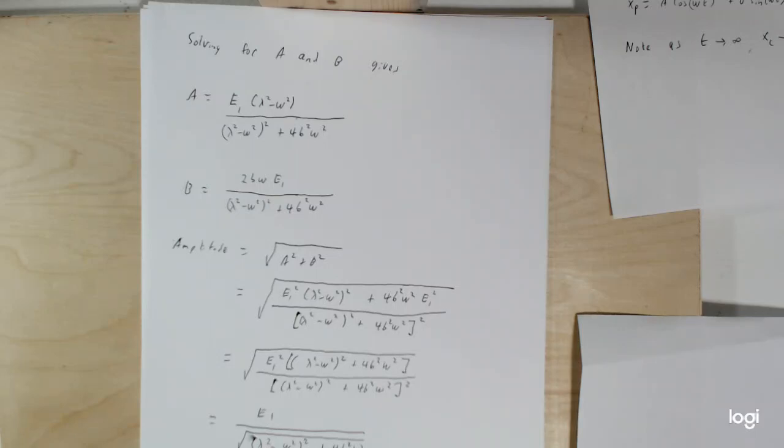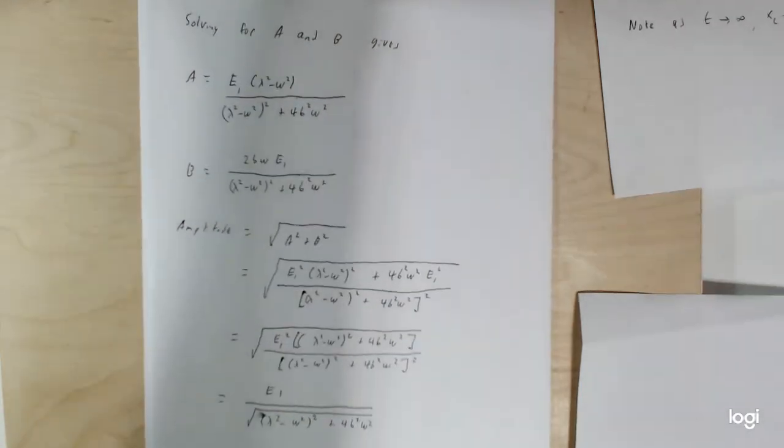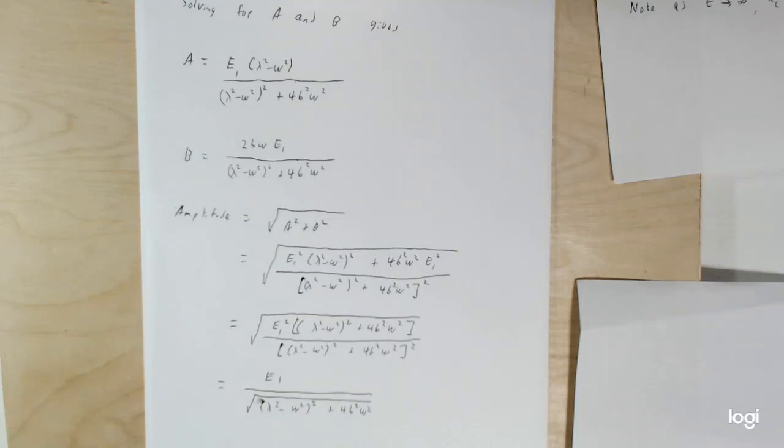So as we increase omega, we're increasing the frequency of what we're putting into this system. And notice, by changing the frequency, we're actually going to change the amplitude of the particular solution. The complementary solution is going to die out, as we've seen. Let me adjust my camera so you can see that fully. So the complementary part is going to die out. We're going to be left with this particular solution that has this amplitude.